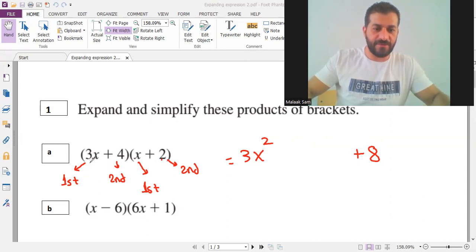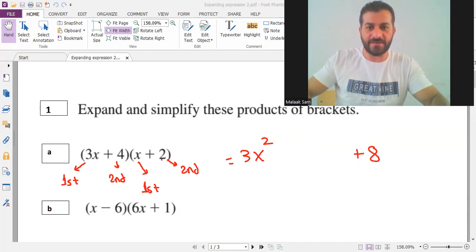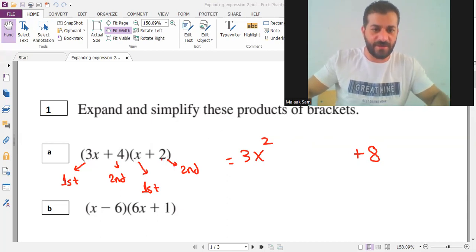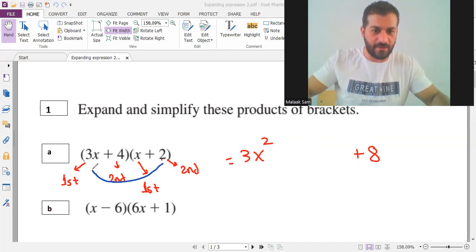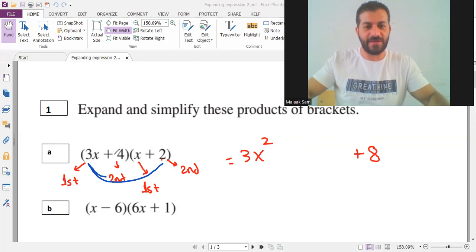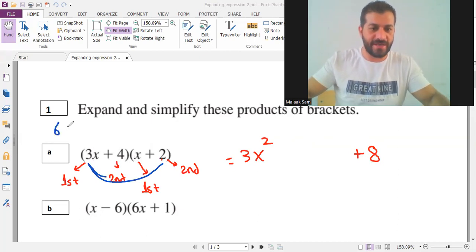Extremes means the first term in the first bracket and the second term of the second bracket. So multiply 3x, as you see, 3x by 2. They are called extremes. Multiply the extremes. 3x times 2, it will be 6x. And multiply the means. 4 times x is 4x. So 6x plus 4x, we will write in the middle, 10x.